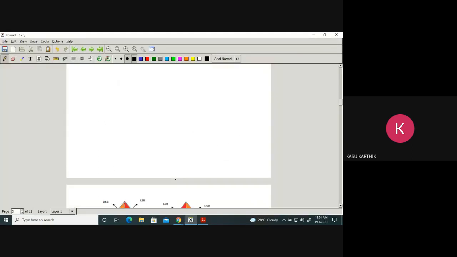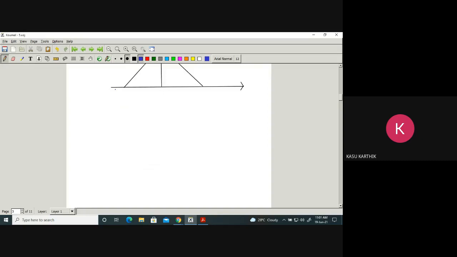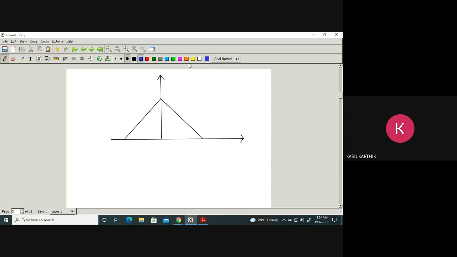Let us go to the graph. What do we do first? What is this part? This is a DSB, double sideband. First we generate double sideband, by just multiplying m of t and c of t. Before that, this is the message signal spectrum, m of f.